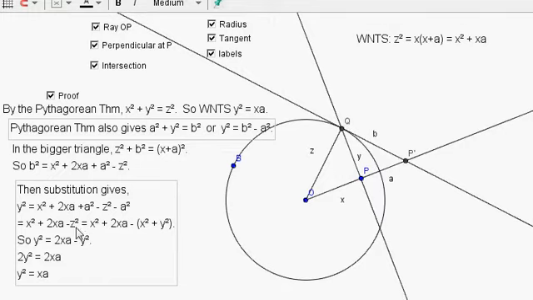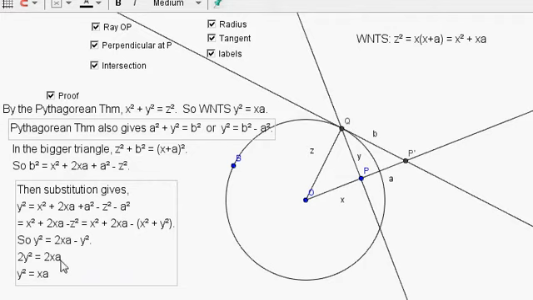We can then substitute in that z squared is x squared plus y squared. And if we simplify that expression, and cancel like terms, we're left with y squared equals 2xa minus y squared. And then adding the y squared to both sides, we get 2y squared equals 2xa. Divide both sides by 2, y squared equals xa.